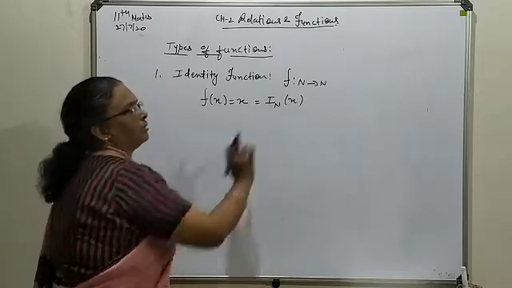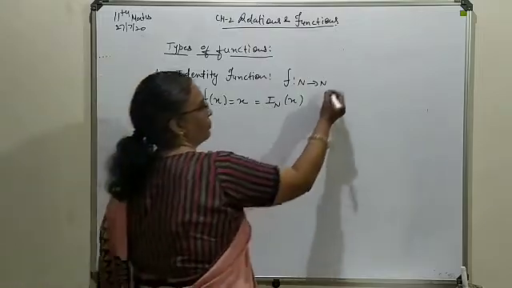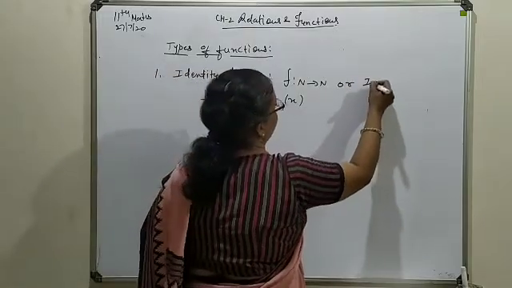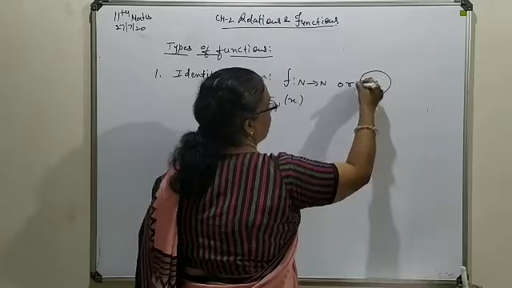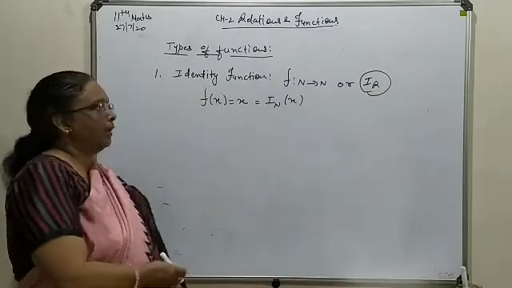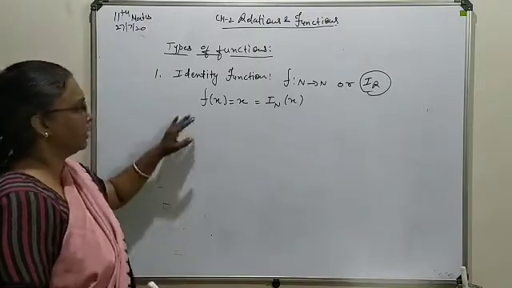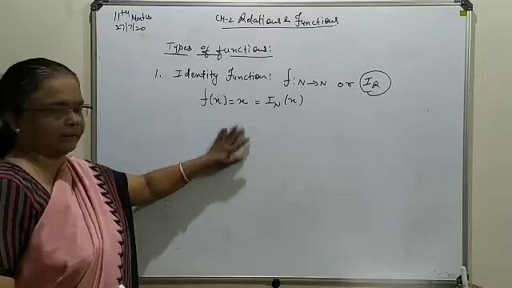If your function is defined from R to R, you can write I_R, or sometimes it may be written as IR only. Whenever such notations are used, you will understand that we are talking about identity functions. Now try to sketch a graph for that.